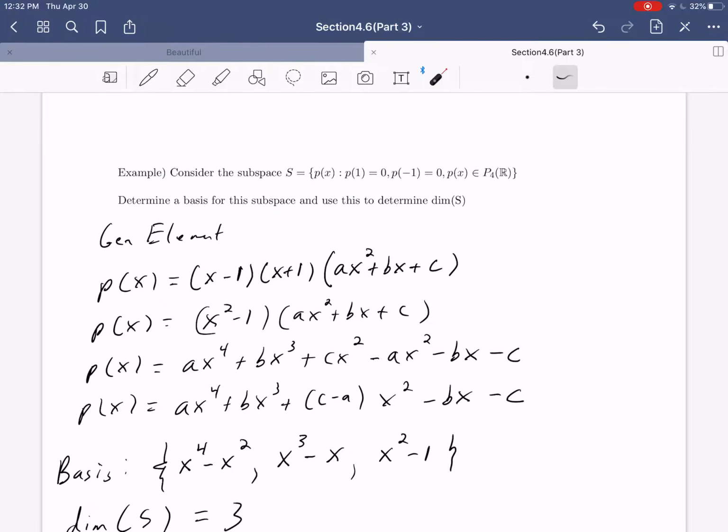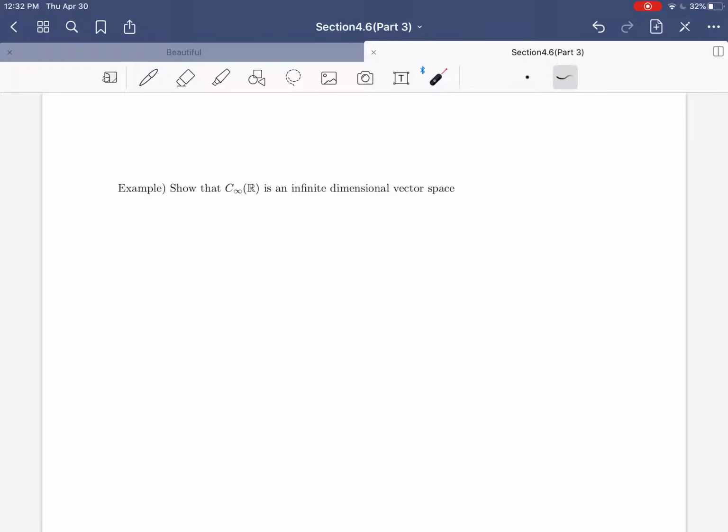All right, let's wrap up this section about bases by quickly going over an example of something that is infinite dimensional. To do that, what I'm going to do is show you guys how you would demonstrate to somebody that this space, the set of functions that have an infinite amount of derivatives, is an infinite dimensional vector space. Okay?